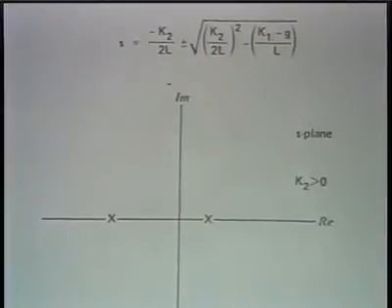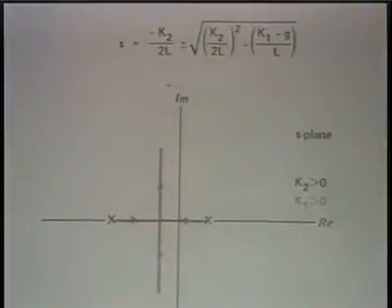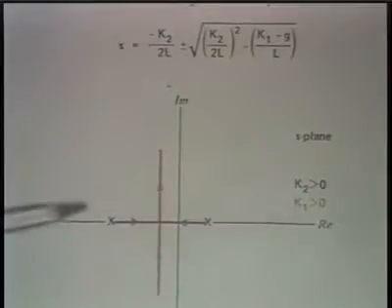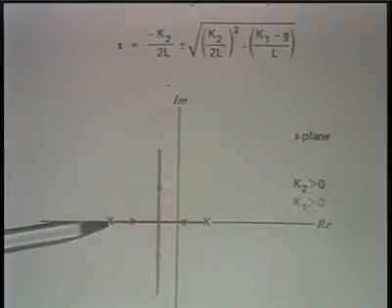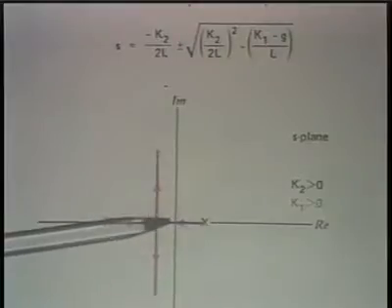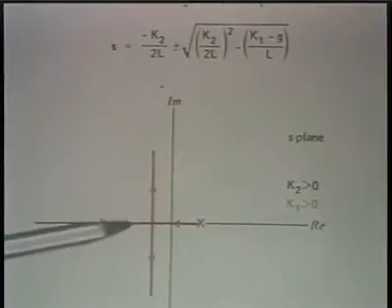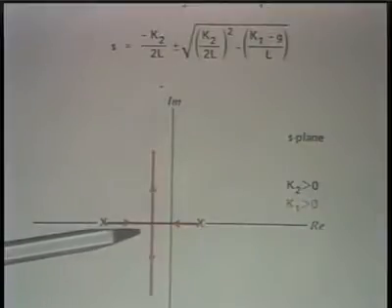Now, as we vary k1, and in particular we're going to choose k1 greater than 0, what happens is that the poles will begin to move together, as they did previously when we looked at the variation of k1.